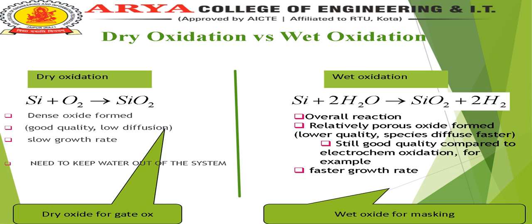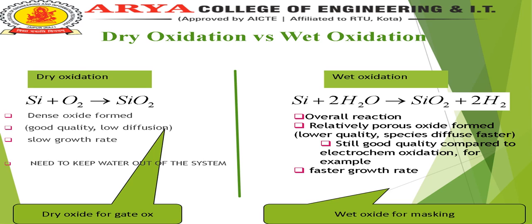Next, what is the difference between dry oxidation and wet oxidation? In dry oxidation we use oxygen, and silicon reacts with this oxygen to form silicon dioxide. In wet oxidation we use water vapor, and silicon and water react with each other to form silicon dioxide and hydrogen. Dry oxidation forms a dense oxide of good quality with low diffusion. Overall the reaction is good.